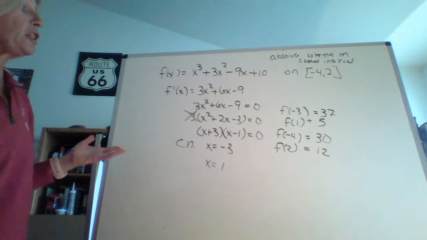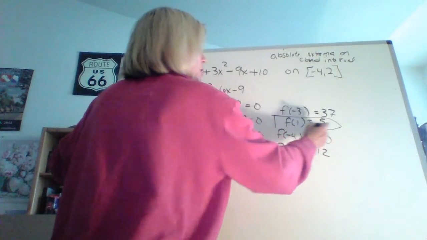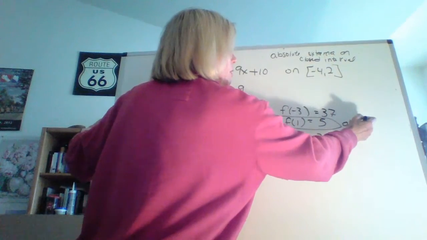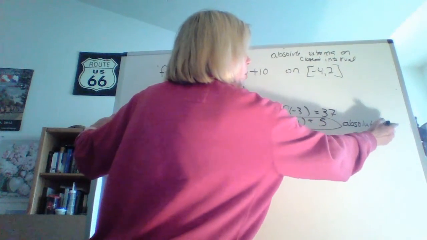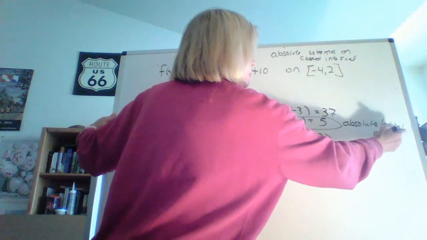I'm simply looking for the biggest number and the smallest number. This is my smallest number, so it is my absolute or global minimum.